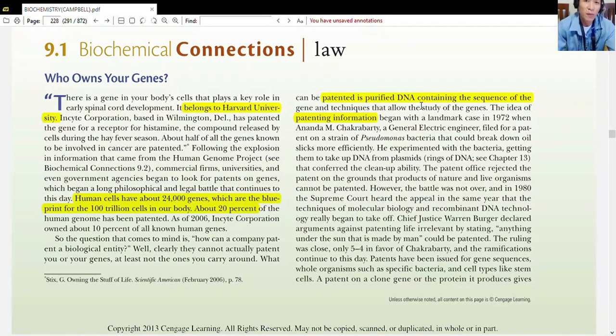We have to replicate them or get them from the body and isolate them. In isolating, you are always purifying them so that you can study their basic nature as they are. So that's why what can be patented is a purified DNA containing the sequence of a gene.